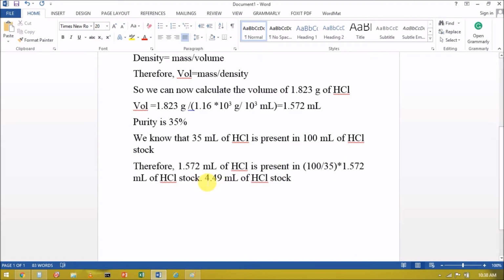Okay, so we need just 4.49 milliliter of HCl from stock.